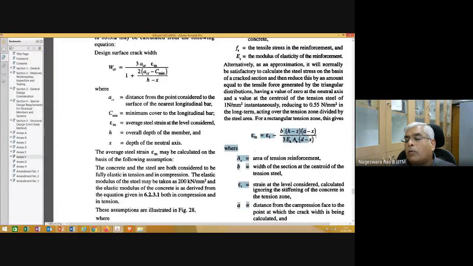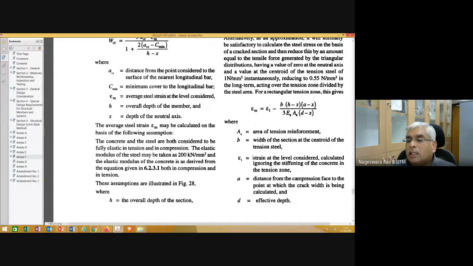What is this quantity? We'll discuss it in a while. And first, let's understand epsilon 1: the strain at the level considered, calculated ignoring the stiffening of concrete in the tension zone.